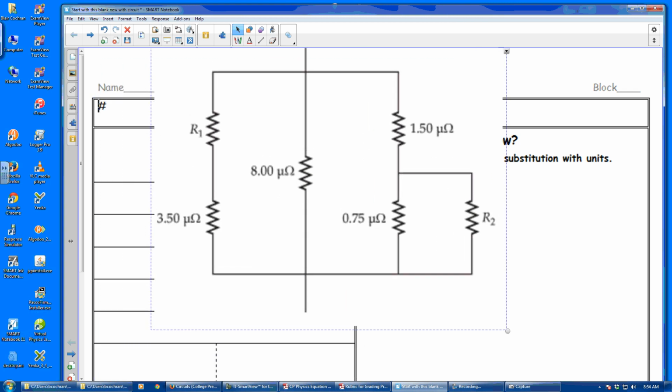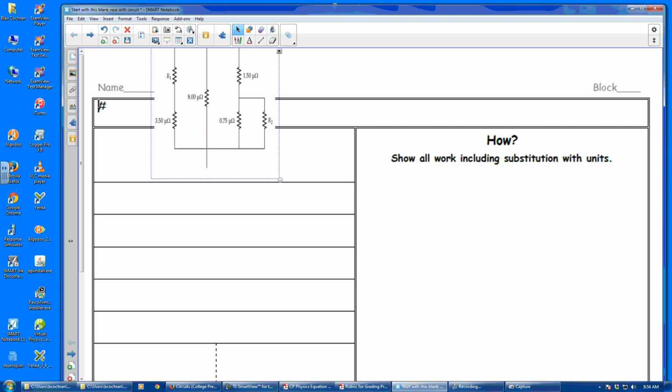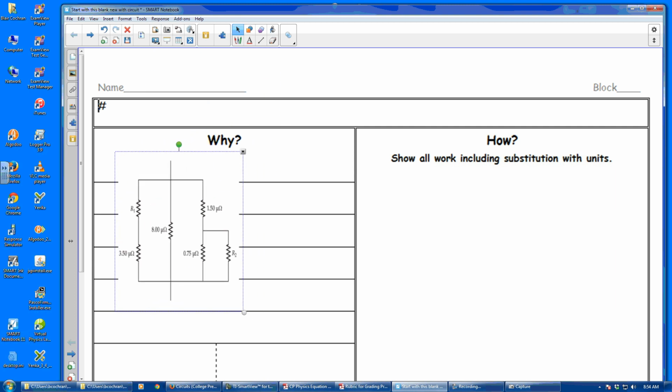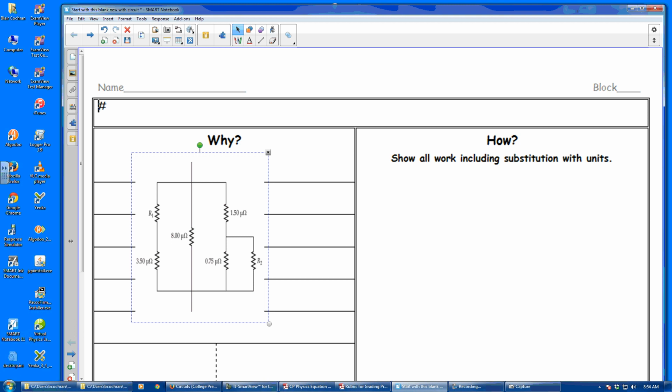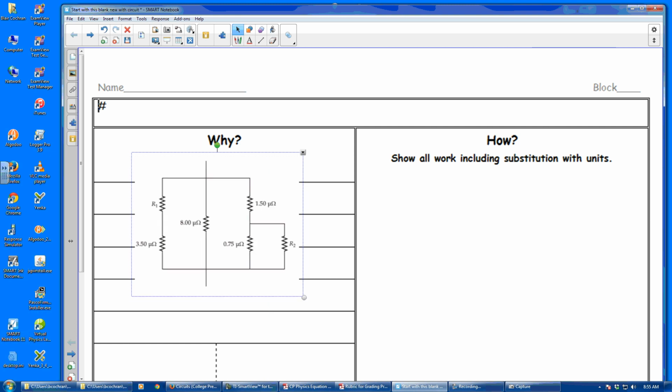All right, let me shrink this down some. So I'm going to be cheap and use that as my first diagram, and not but on like the test or something, you would redraw this.